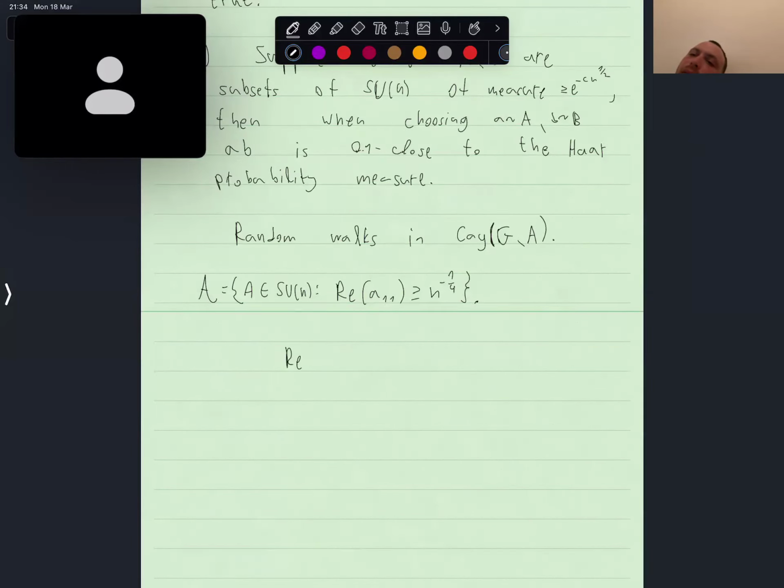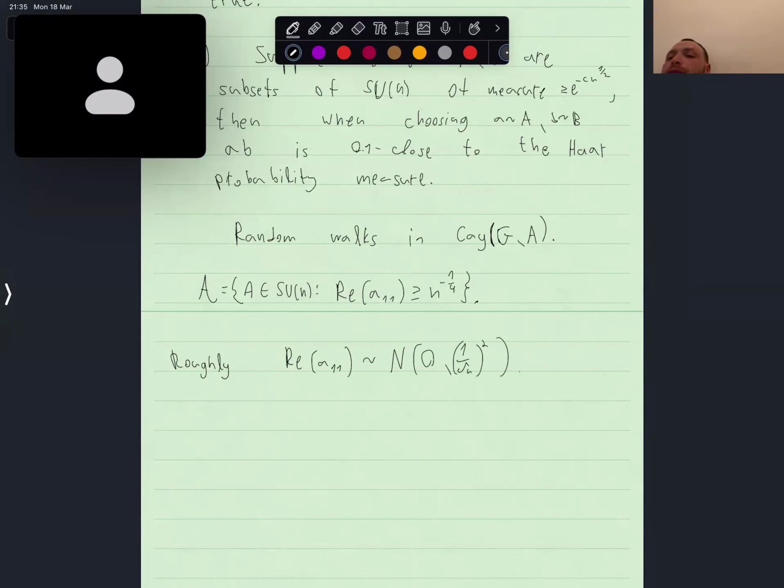Now the real part of A11 is not exactly distributed, but it's close to being like a normal random variable with expectation 0 and variance 1/n.